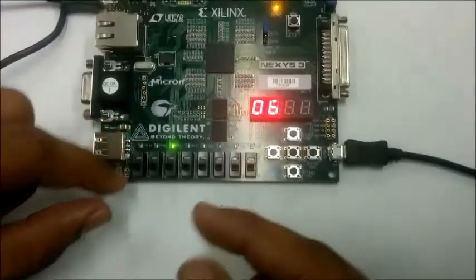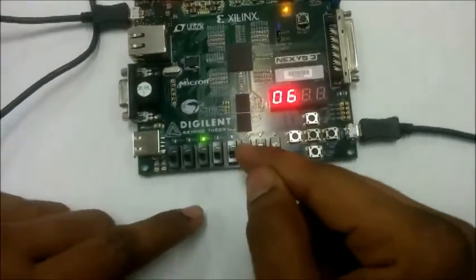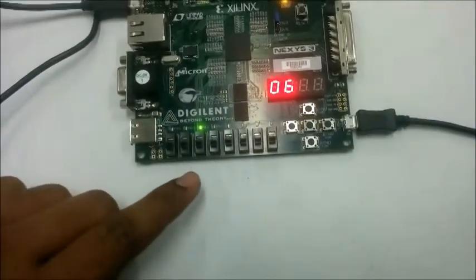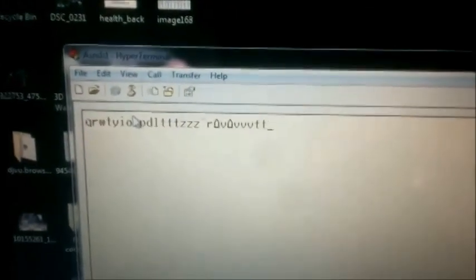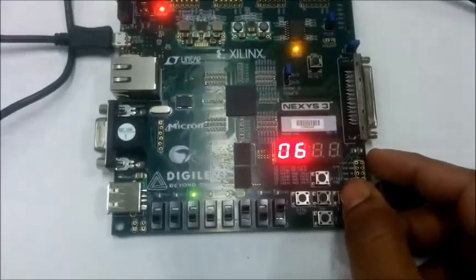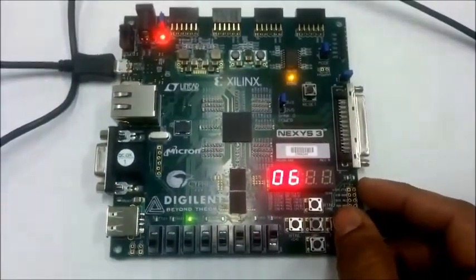Similarly, I can transmit data from my FPGA through the UART to the computer. And that is how we are able to communicate between the board and the computer. Thank you.